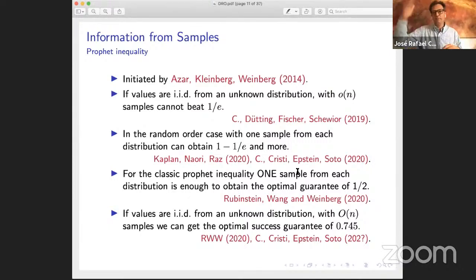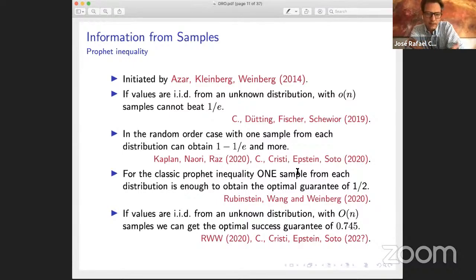And now you have to play the prophet inequality game. Somehow you have to solve the optimal stopping problem in the remaining values, the values you didn't get to see. It's a very rich model, and there you can prove you can do 1 minus 1 over e, and even better than that, which is what basically you would get for the prophet inequality. So basically you lose just a little bit compared to the case in which you would know the distribution of the values.